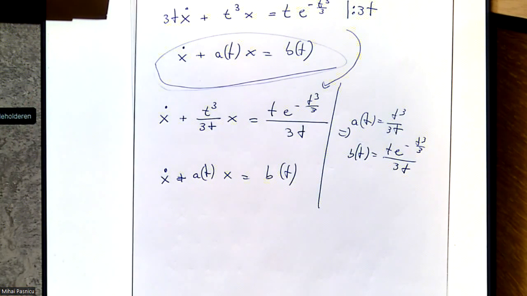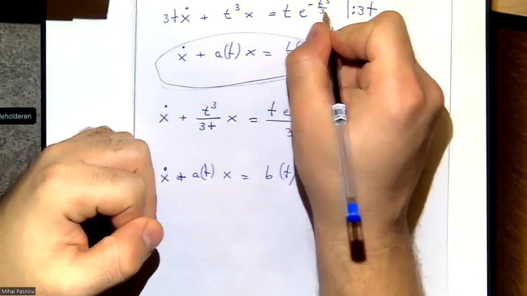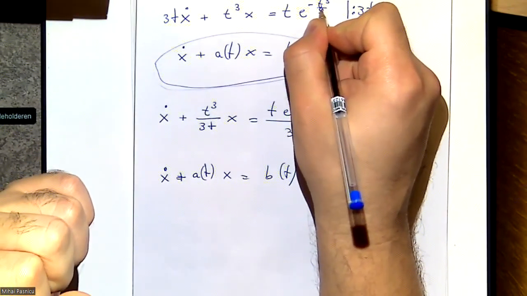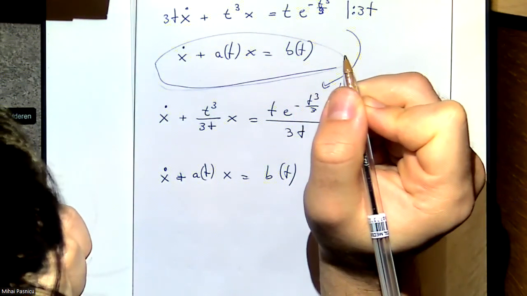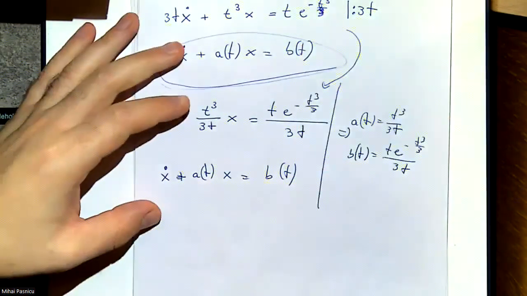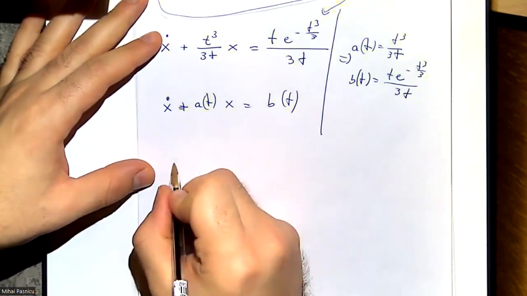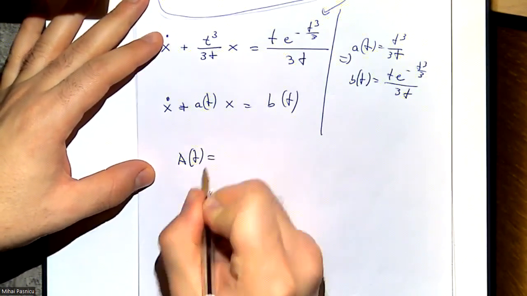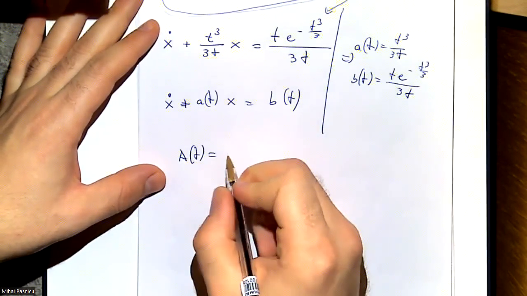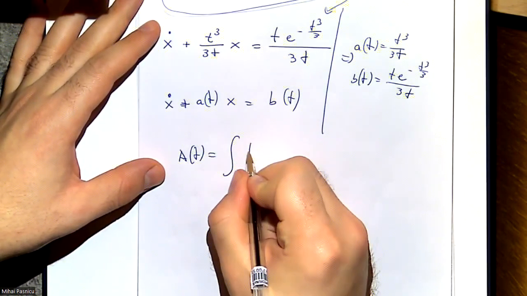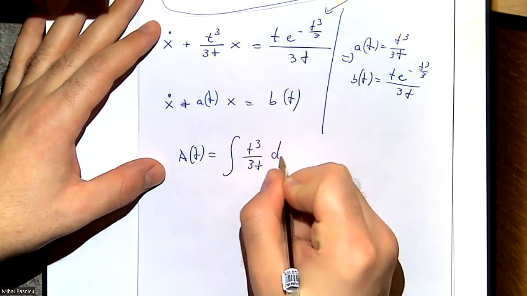Okay, one second, problem. Let's leave it as 3 for now and see what we get. What's the next step? We get a(t) is equal to the integral of t^3 over 3t dt.